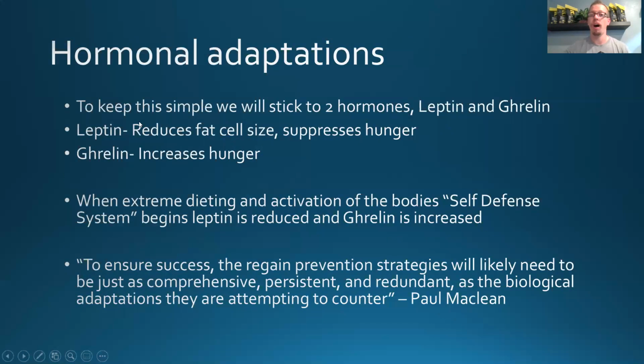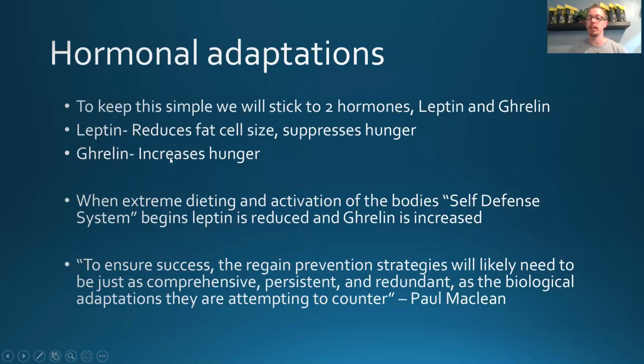All right. So a couple of hormonal adaptations. There are so many, you could go bonkers with the hormonal adaptations, but to keep it very simple, we're going to stick to two hormones, leptin and ghrelin. Leptin reduces fat cell size and suppresses hunger. Ghrelin increases hunger.